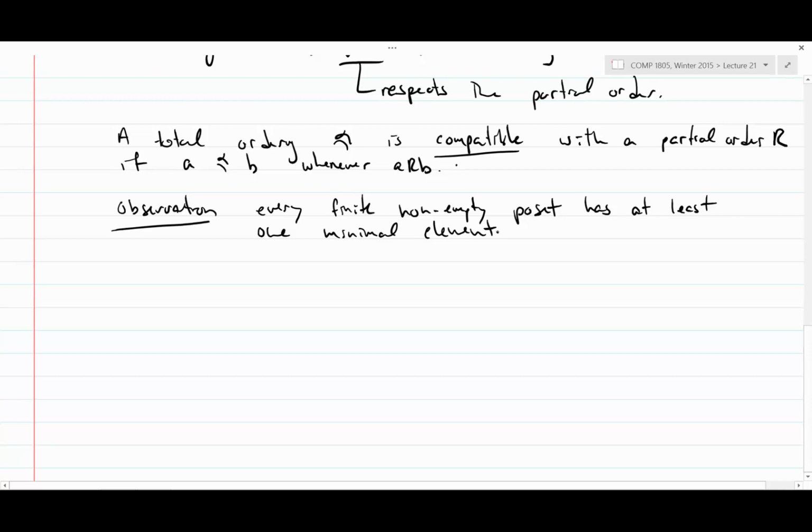Does that seem like something that's reasonable? Does anyone see why this might be the case? I'm not going to do a full proof, but intuitively, does anyone see why?